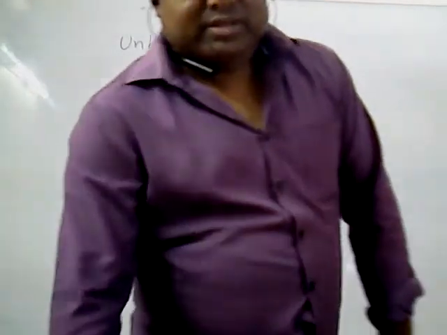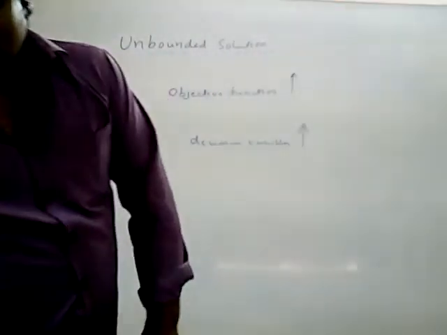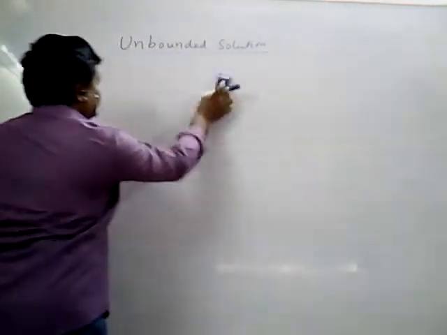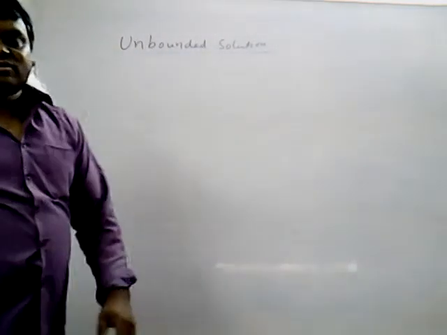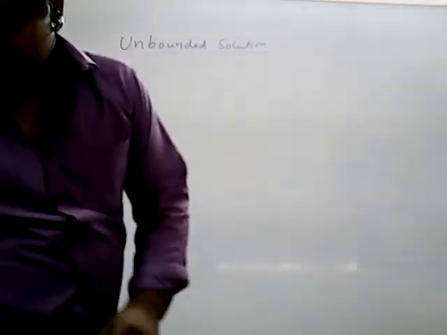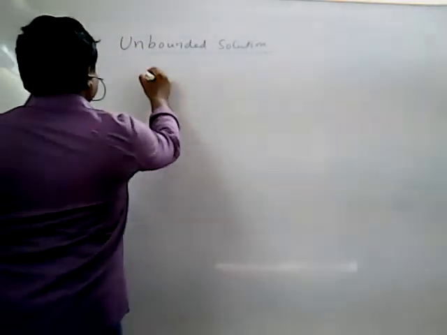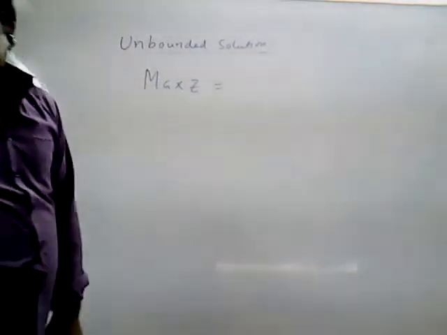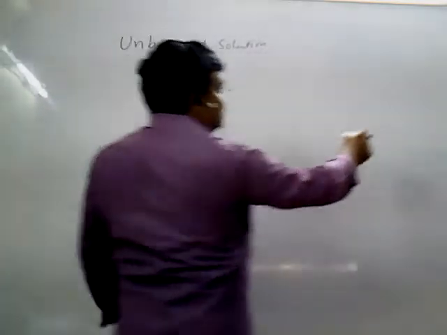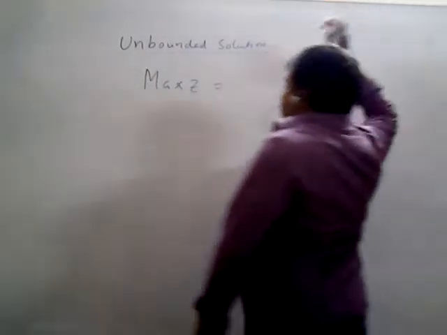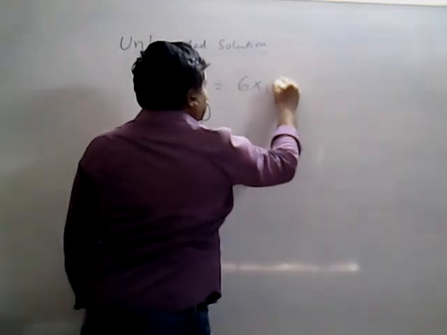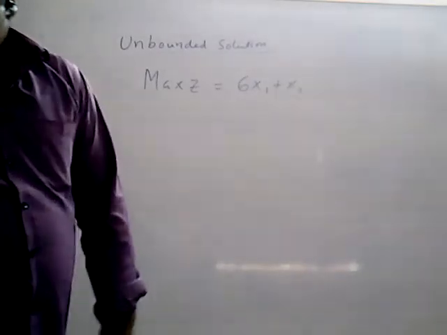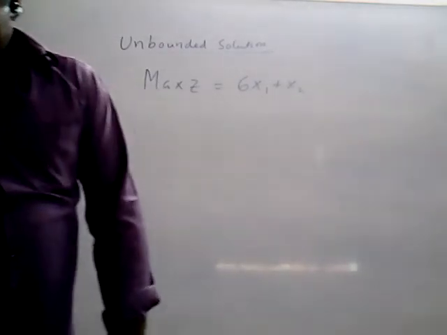Write down. Solve the following LPP by using graphical method. Maximize z equal to 6x1 plus x2, subject to the constraints.